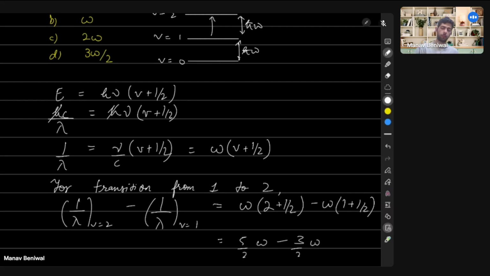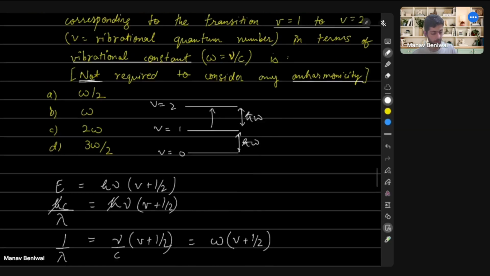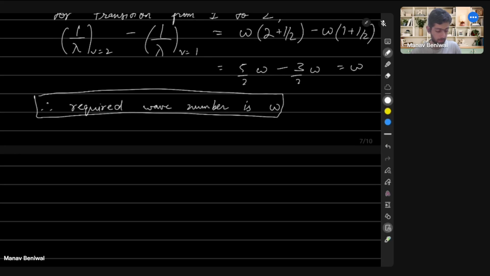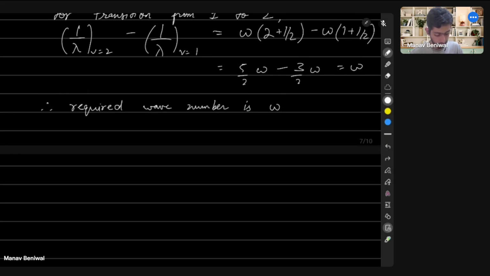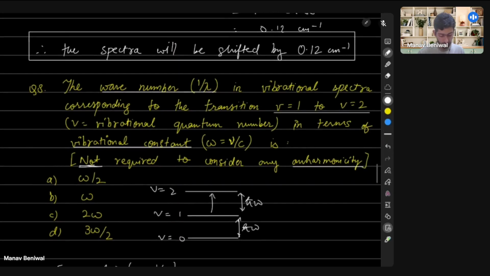So 2.5 minus 1.5 is simply omega. Therefore, the required wave number is omega, which is option B.